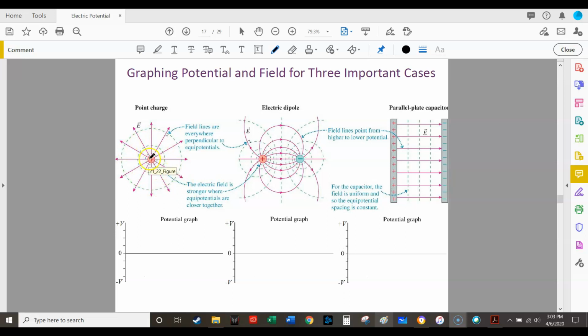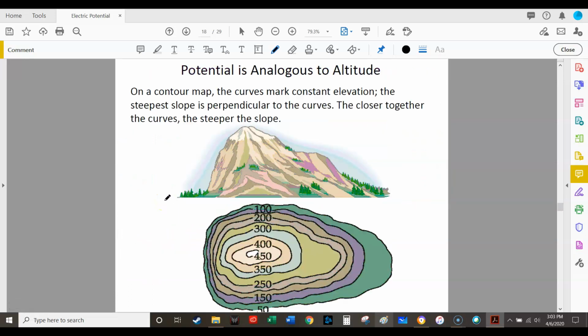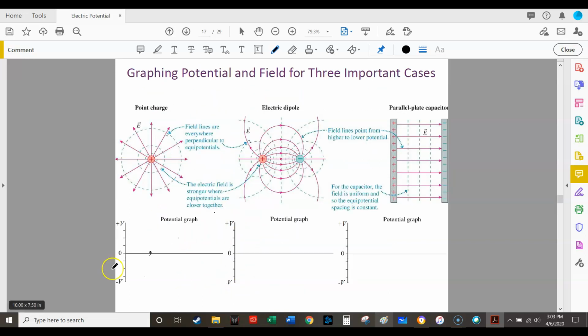You have a positive object, and it's going to be placed about right here. Okay, so you have a little proton that's placed right here.